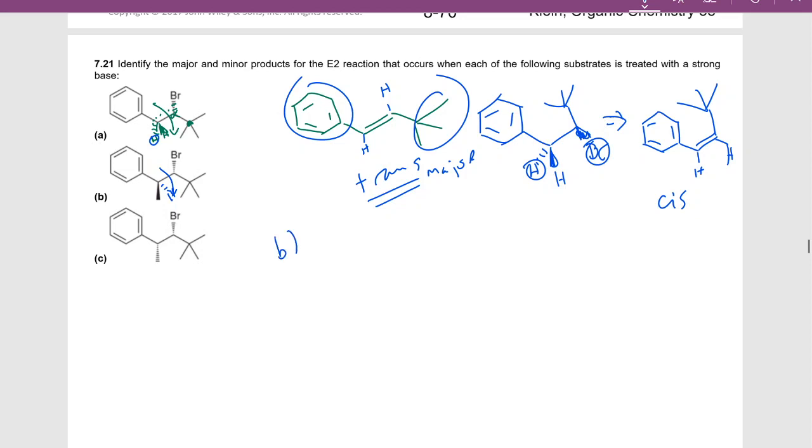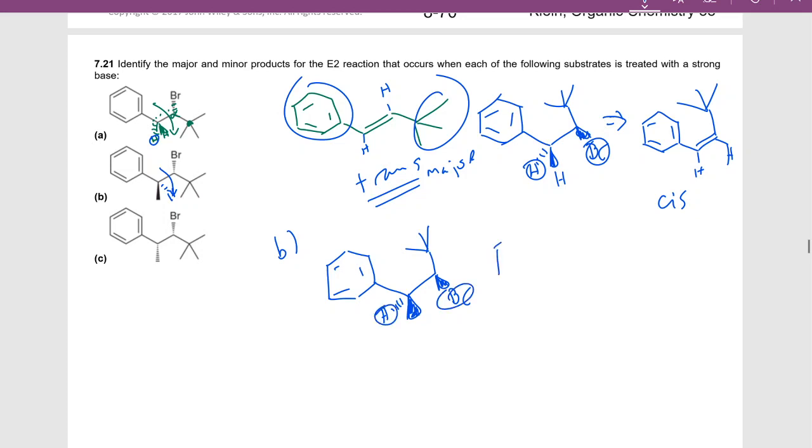So for B, the rotamer that we want to use for the elimination is the one where, if we rotate about that bond, the bromine is now coming out and the methyl group is also coming out on the alternate carbon. Now the hydrogen's going back and these guys are antiperiplanar to each other. We can do the elimination.